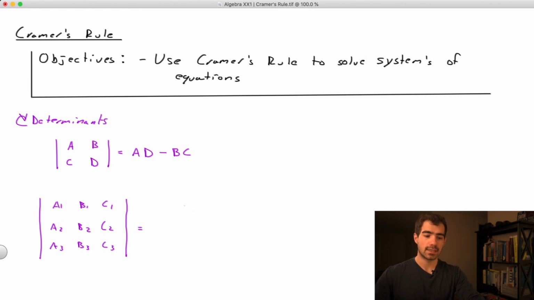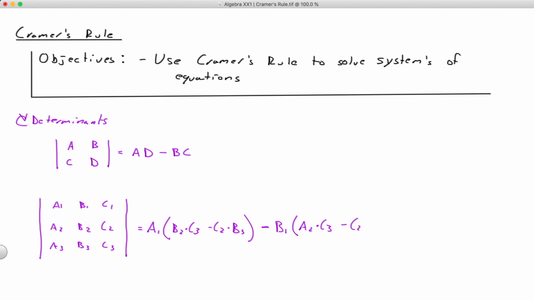In total, that would look like A1 times (B2 times C3 minus C2 times B3), minus, then move over to the second value in that row, B1, times the determinant formed by the values that aren't in the same row and column as B1, so A2 times C3 minus C2 times A3, plus, and then move over to the third value, C1, and repeat the same process.